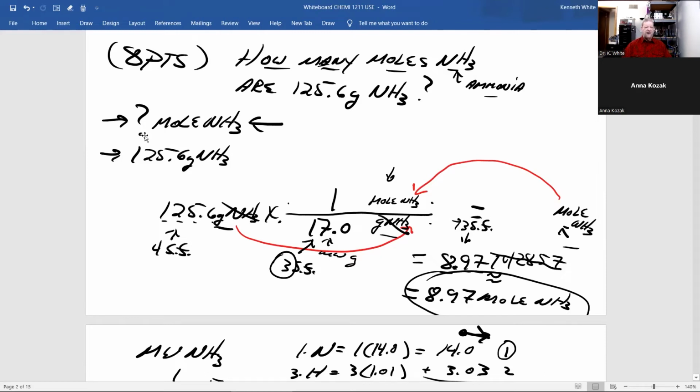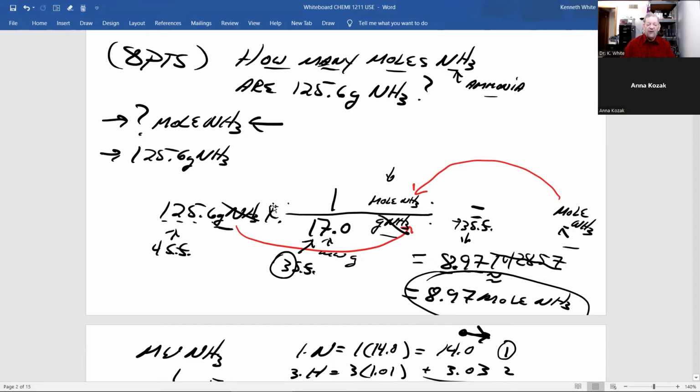And I use a question mark to identify that. Moles of ammonia. What are you given? Grams of ammonia, 125.6. This is the only number I can start with. I want to get to what units? Well, I'm trying to get to moles of ammonia.